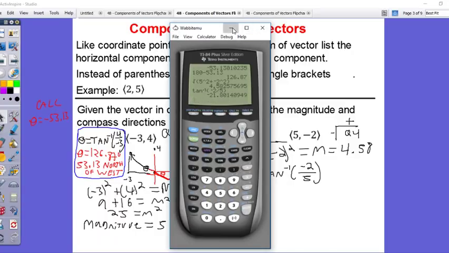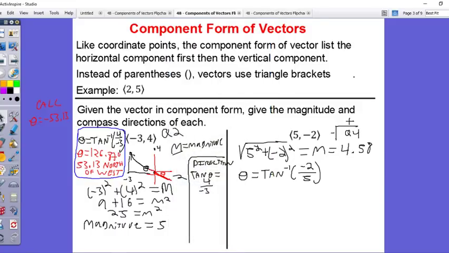And that's going to be equal to negative 21.8 degrees. So that means theta is going to be equal to negative 21.8 degrees. So we can say for our direction, and this is a quadrant 4 angle.